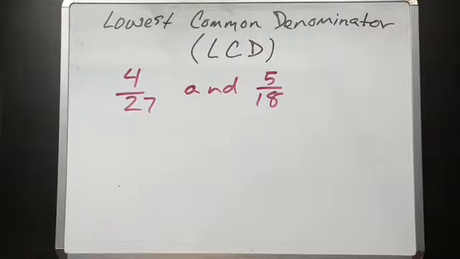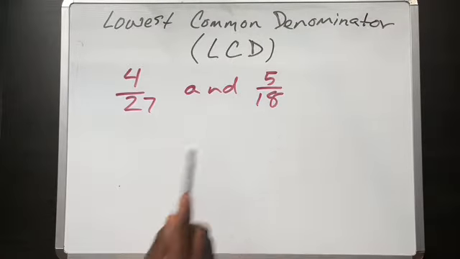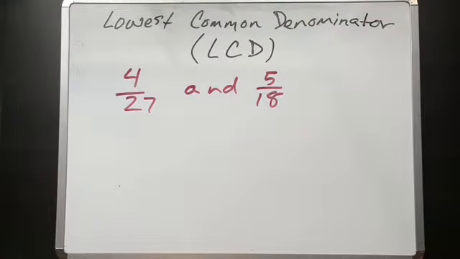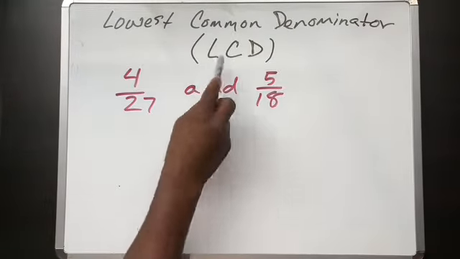Those are your denominators. What we're going to do is generate a list of multiples for this denominator and this denominator, and then we're going to see which multiple is the lowest one that's a value in common.